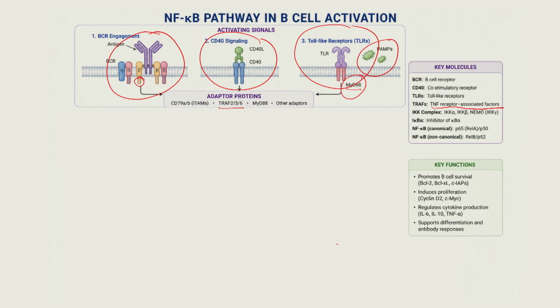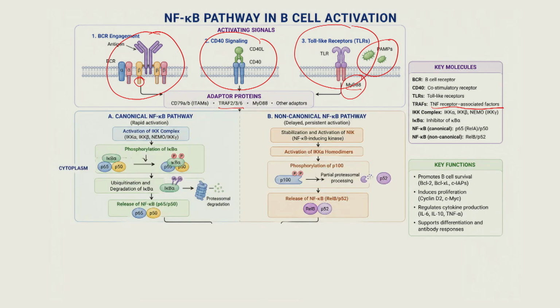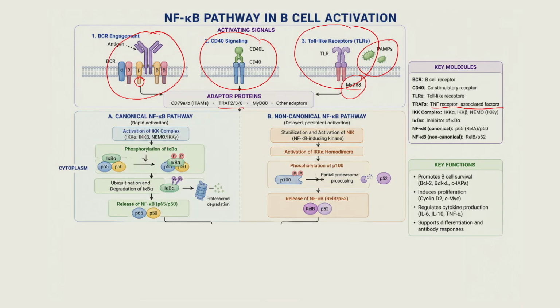Now what will we eventually be doing? There could be activation of two distinct kinds of pathways. One is called the canonical pathway and the other is called the non-canonical pathway. Remember, the canonical and non-canonical pathways will be entirely different in terms of their phosphorylating proteins. So we need to differentiate both in terms of which proteins are getting phosphorylated.